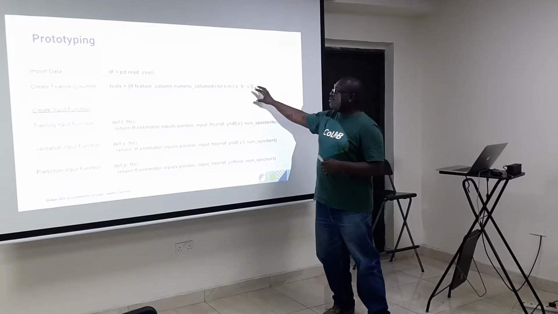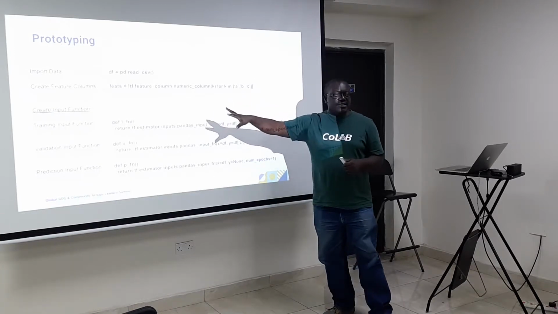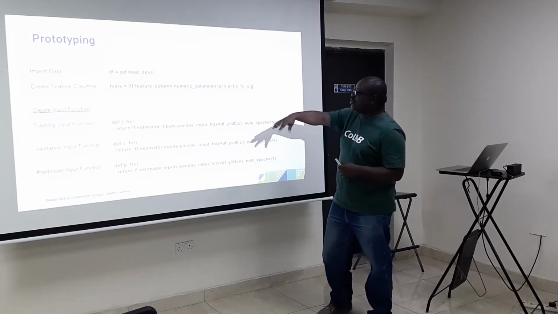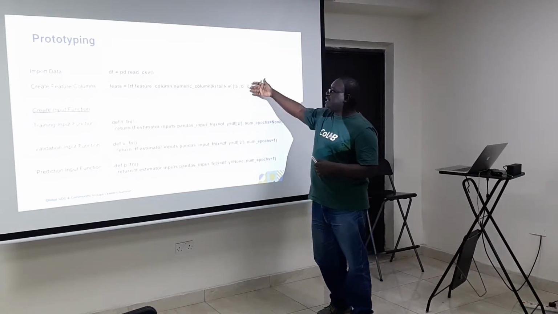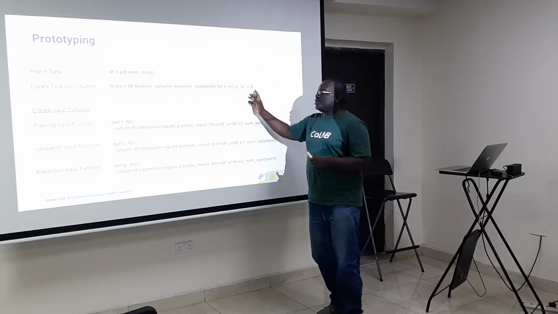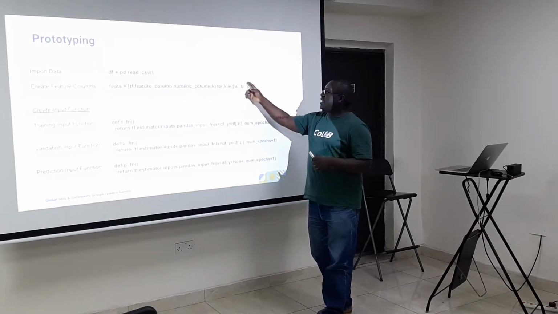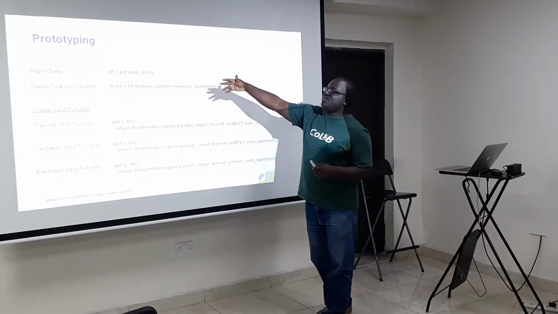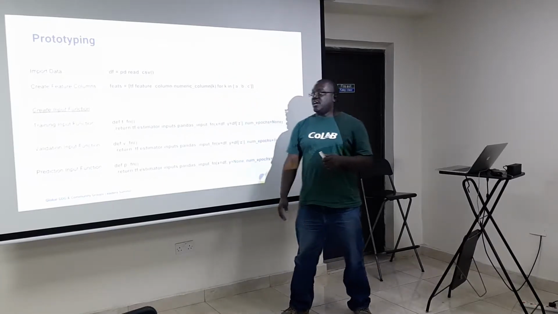But basically, at the end of this operation, you have a list of feature columns. This code is Python, and this is what we call a list comprehension. So this is a list of the names of the columns in your data, and then we use a list comprehension to generate our feature columns.